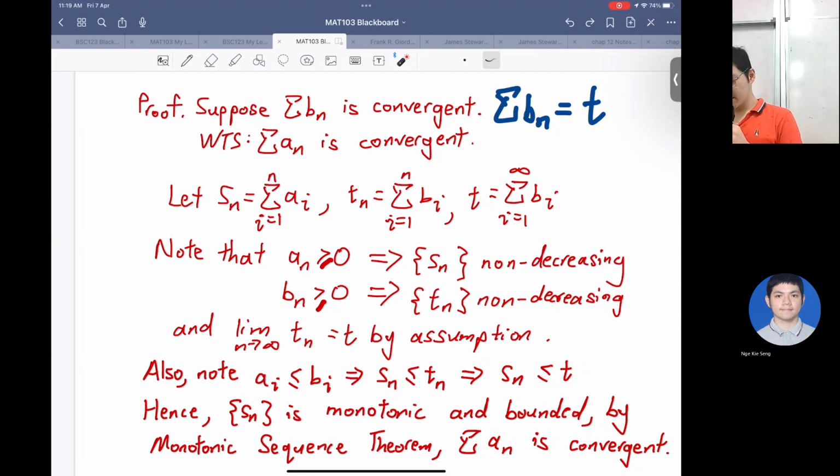Sn is non-decreasing and bounded by the limit of the infinite series of Bn. So by the monotonic sequence theorem, the infinite series of An is convergent. The idea here is to show that the partial sums of An form a monotonic bounded sequence. So far, okay.